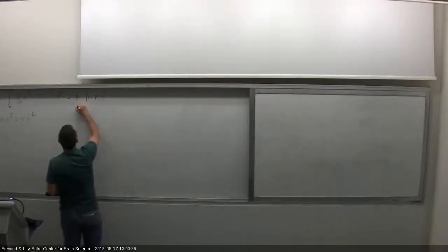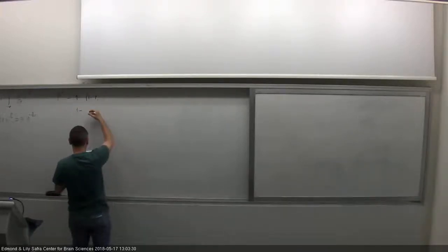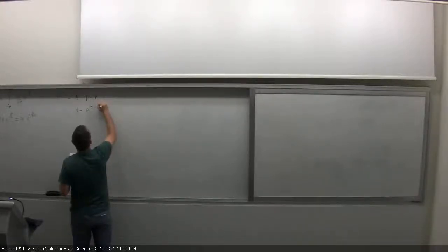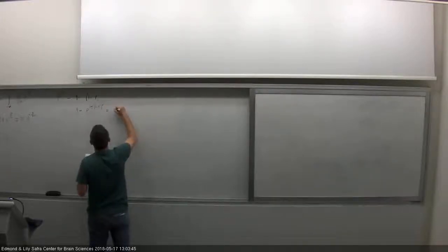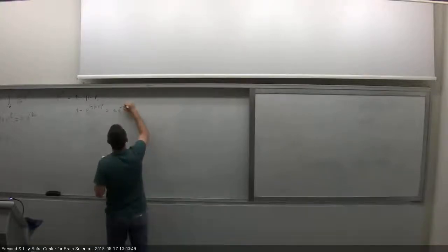We can write it as 1 minus e to the logarithm of (1 minus p_i^-) to the power of n, or 1 minus e to the n log(1 minus p_i^-).